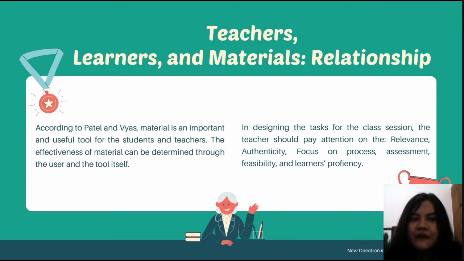It means that when the material is being developed by the teacher, it needs an immense care in order to avoid ambiguity. To get an optimal result from the materials, the teacher should know how to adapt, enrich, and interpret the material used.